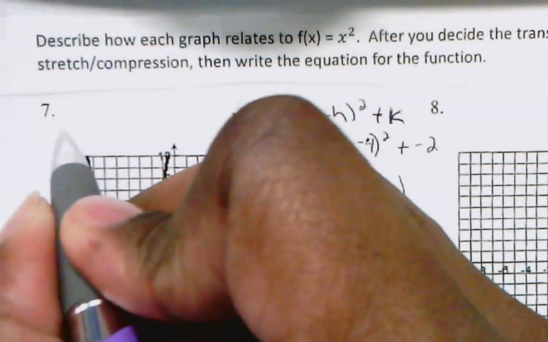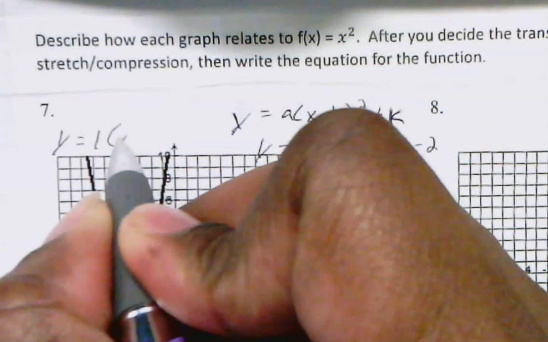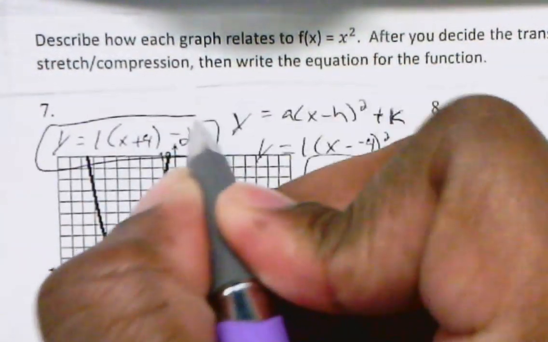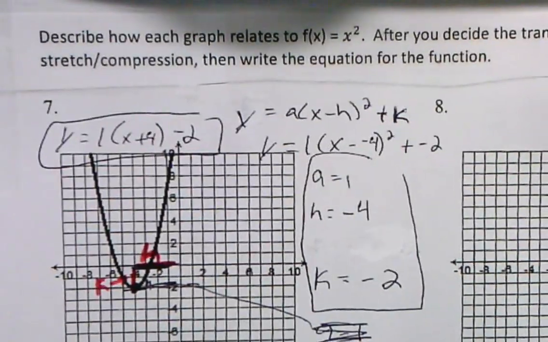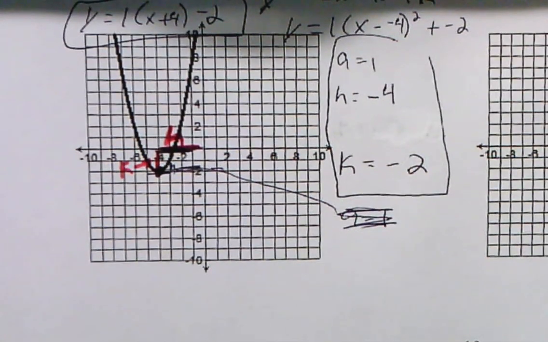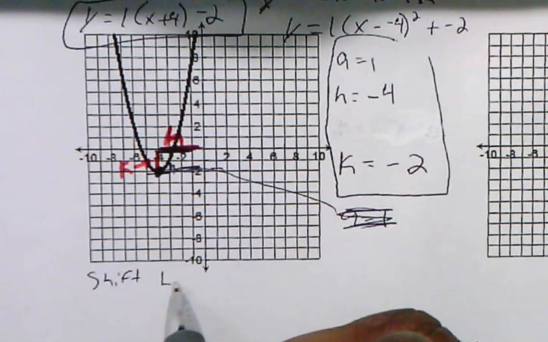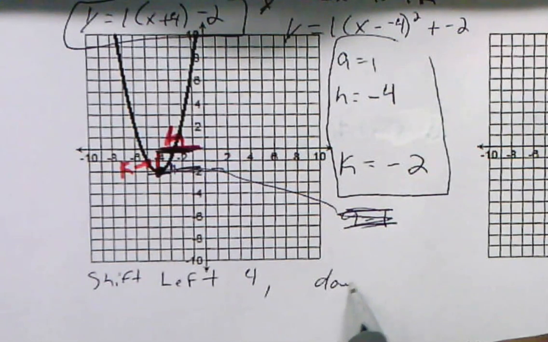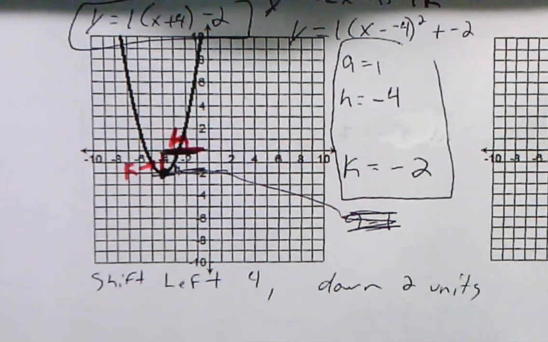So this equation is y equals 1(x plus 4) squared subtract 2. It says describe the transformations. So in words, you describe this as shift left 4, down 2 units. And that's the transformation happening in that problem.